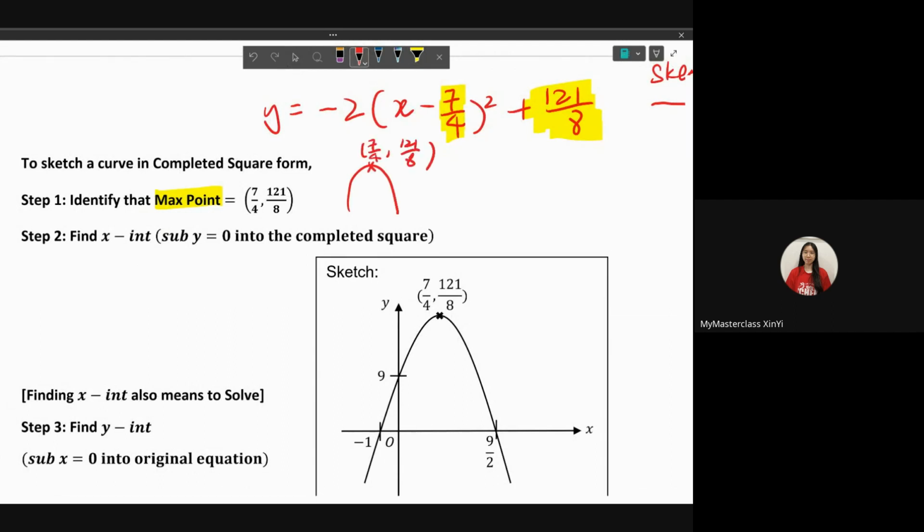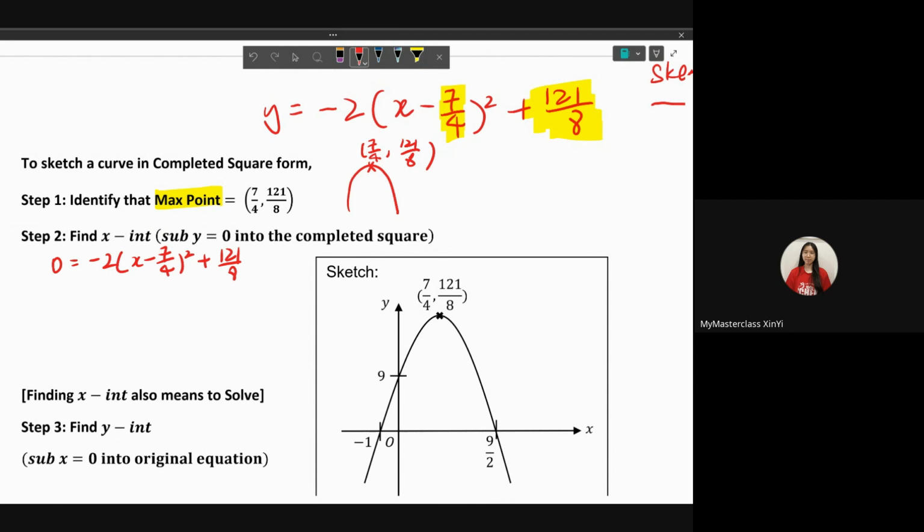Then your point here is (7/4, 121/8). Next you need to find your x-intercept and y-intercept. The x-intercept is when your y equals 0, so substitute it in: 0 = −2(x − 7/4)² + 121/8. Don't expand out to solve for x, because it is in this convenient perfect square form.